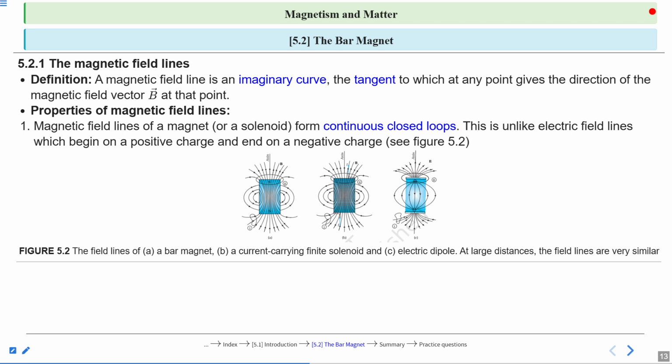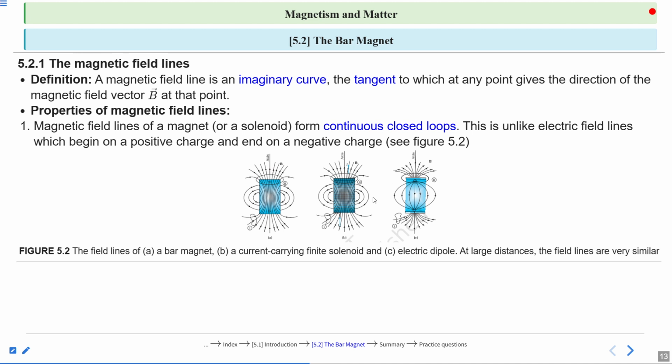If the current is flowing in the clockwise direction, then it is the south pole. If the current is flowing in the anti-clockwise direction, then the pole is north. So we can determine the poles of the solenoid also. You can see that for a bar magnet and a solenoid, the magnetic field pattern is similar.